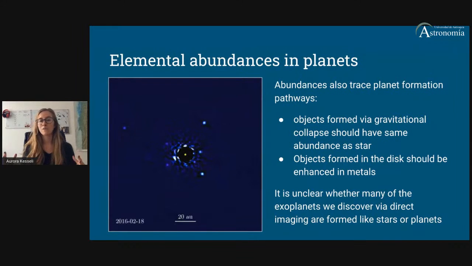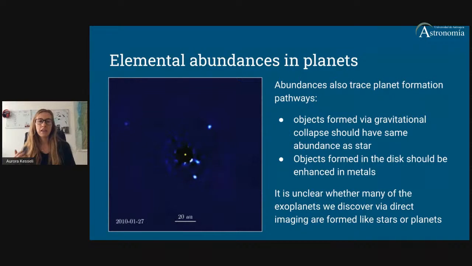So as the star is forming, it has this disk of gas and dust. And then a planet would form via core accretion, so accreting different things in this disk. And for these objects that are kind of on the edge of being planet size or brown dwarf size, we don't know if they formed in a disk like a planet or like a star.